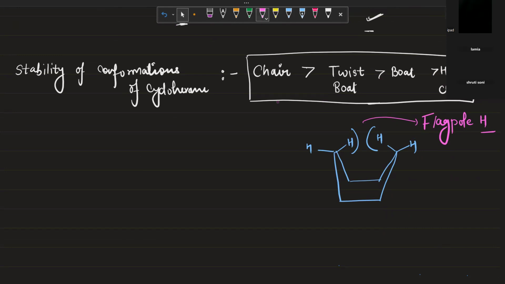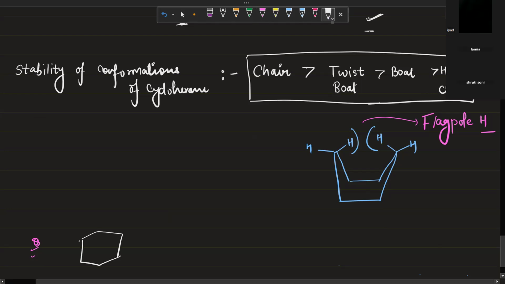Okay, let's suppose they give you the structure, and they tell you to identify the R and S configuration for these compounds.